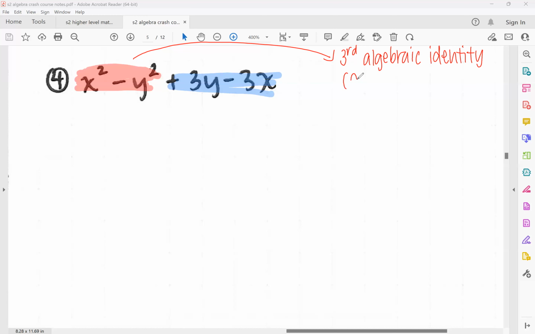Bracket? Mm-hmm. Huh? No, no, no. After close bracket, what do you write? Not minus. I need something here. No, that's not what we said just now. What's the third algebraic identity?